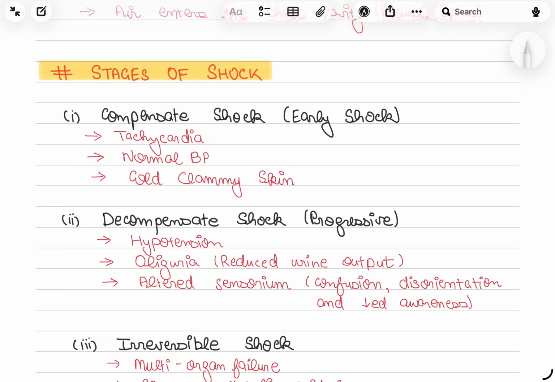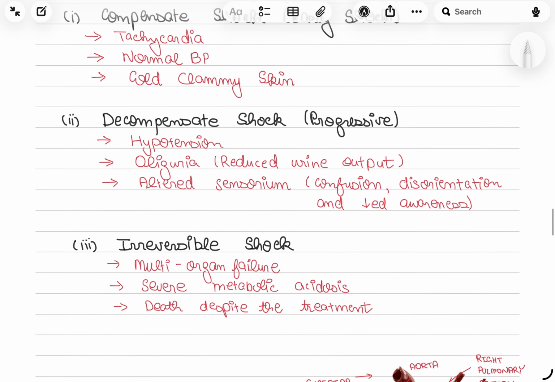Stages of shock. So we have done with the types of shock, we'll come to the stages of shock. Compensated shock is the early phase of shock, in which there is tachycardia, normal BP, and cold clammy skin. Second is progressive shock, in which there's hypotension, oliguria, that's reduced urine output, and altered sensorium, that is the patient is confused, disoriented, and has decreased awareness.